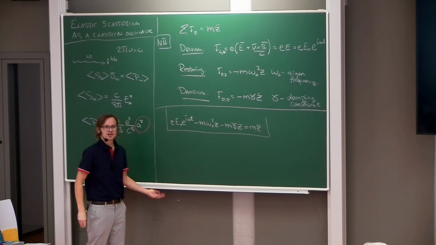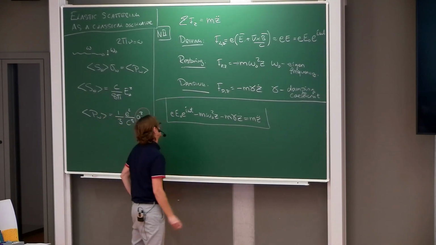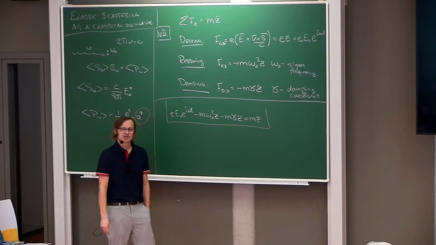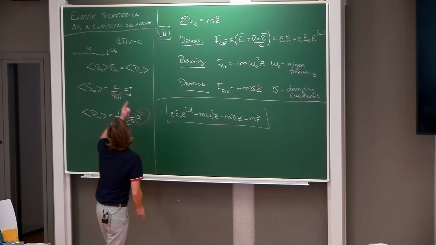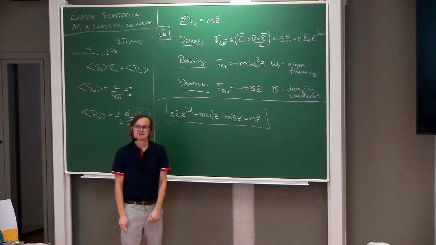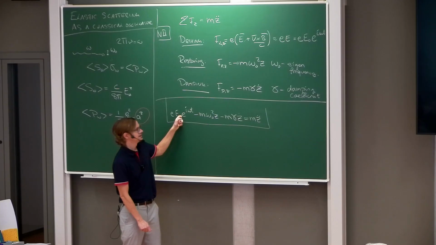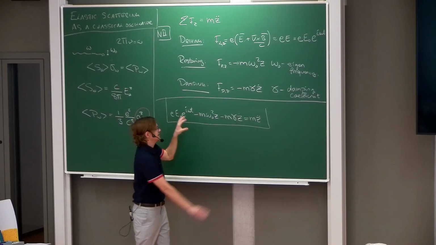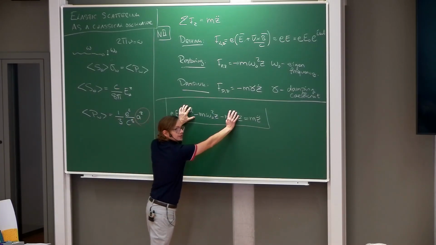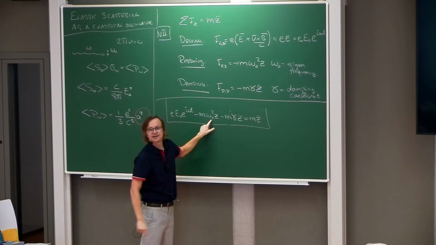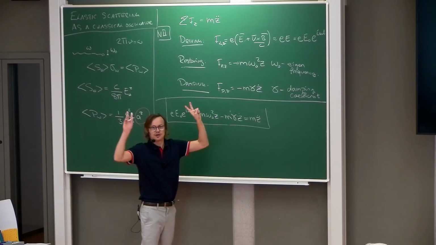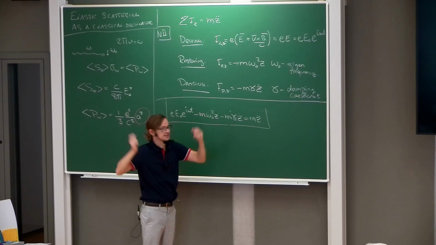Now, indeed, this equation we recognize as the expression for a classical oscillator that is driven and damped. Take away this term, you get the harmonic oscillator. That's where the eigenfrequency comes from when you just replace this by your spring constant k, right?